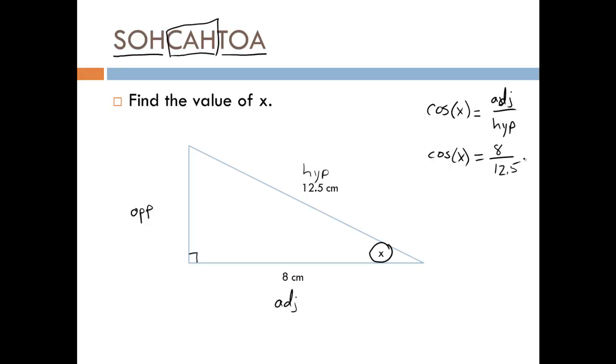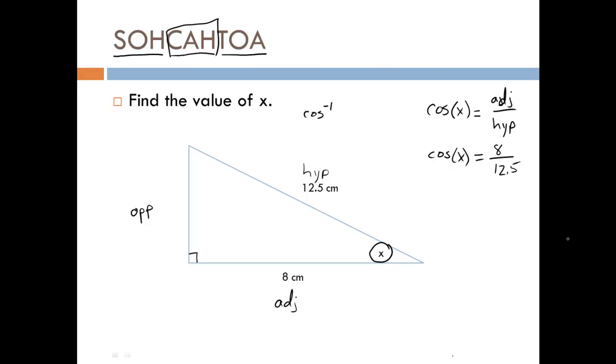So how do we go about finding the measure of this angle x? Well, to do that, that's where our trig functions are going to come into play. We have an inverse cosine function, and it's going to look like cosine raised to the -1 power. And the nice thing about inverse functions is when you take the inverse of the corresponding function, they cancel each other out.